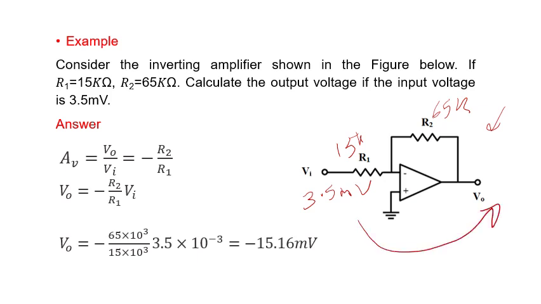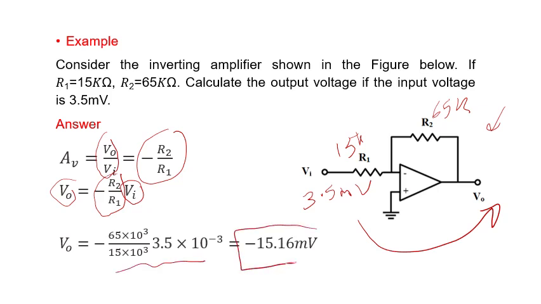It's very simple. We are going to calculate the gain. The gain formula says Vout over Vin equals minus R2 over R1. So from there we can calculate Vout equals minus R2 over R1, the gain, times Vin. Substitute the values, and finally you are going to get the output voltage equal to minus 15.15.